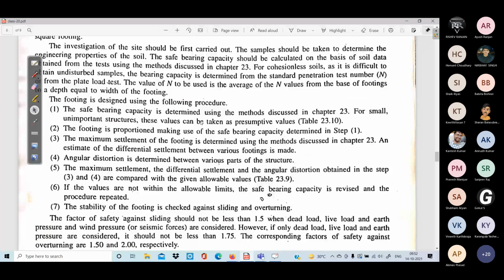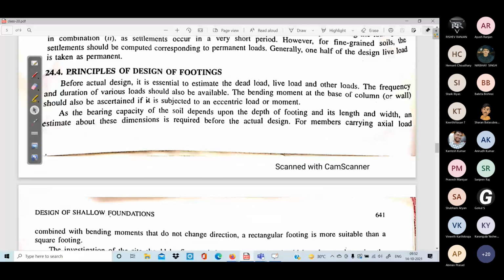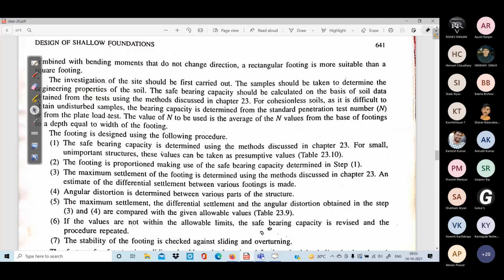Now, what are the principles of the design? So this we will read one by one. The design uses the following procedures. So we'll follow some procedure.